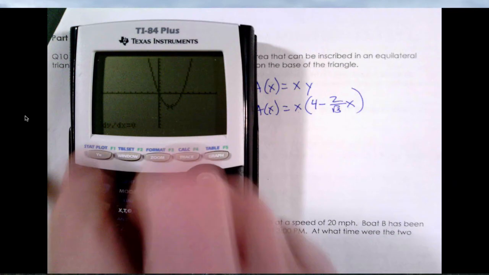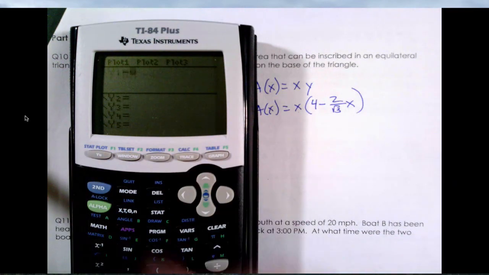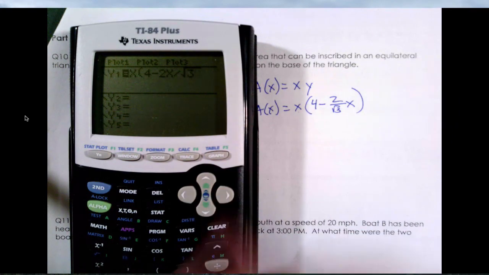We use our calculators from here. So I have x times the parentheses 4 minus 2x divided by square root 3, close parentheses. All right, there we go.